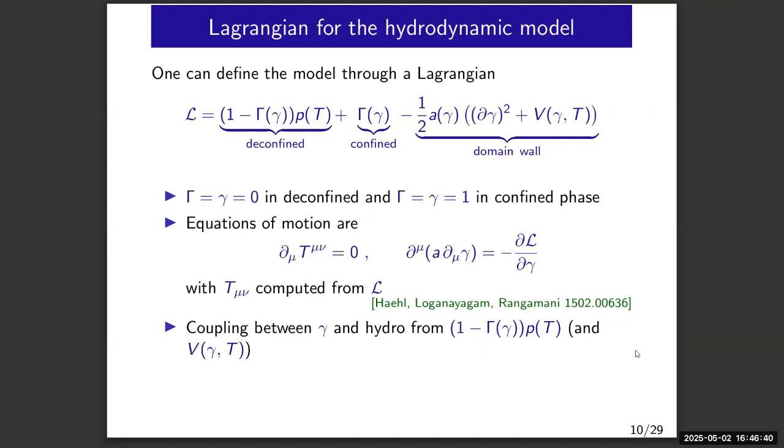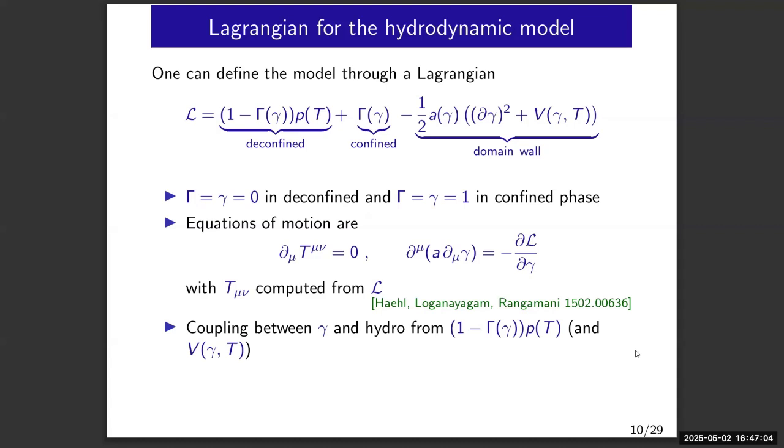I promise that there will be an effective action for the hydrodynamic model. This is a possibility on how you can define the model. So you can write down an action, and the action has these three terms. There is one term which models the deconfined phase.